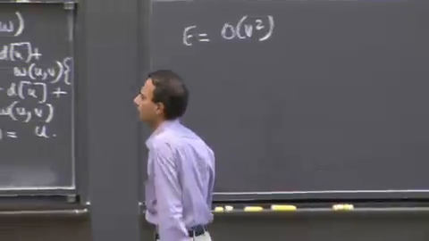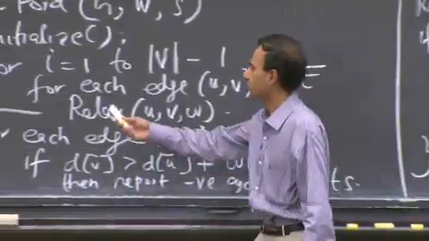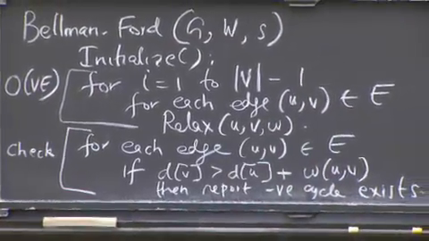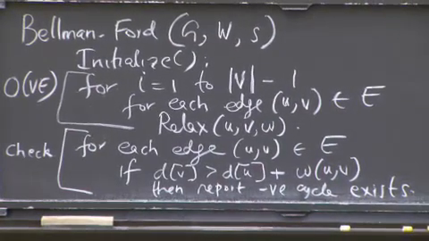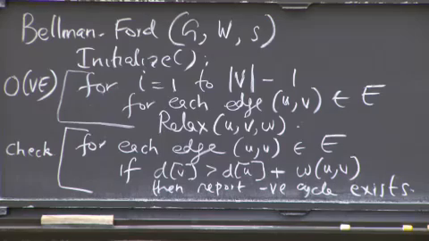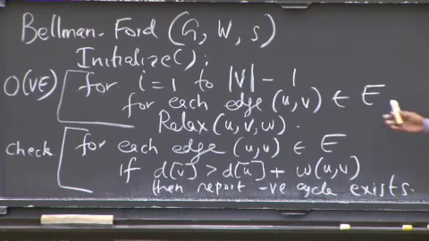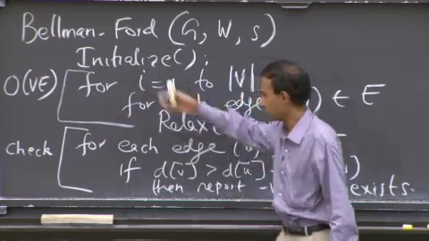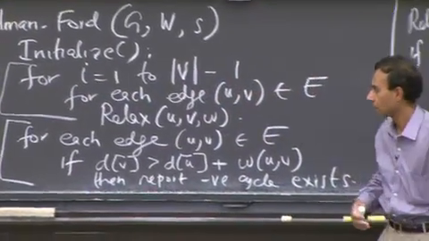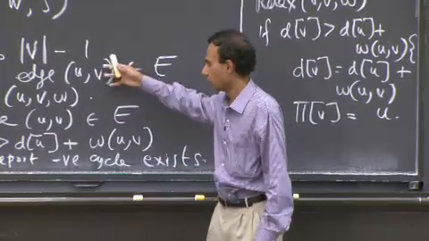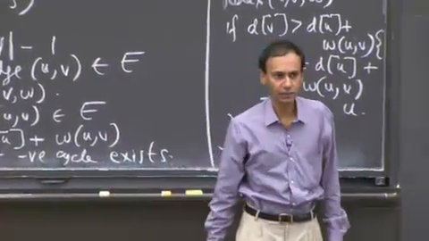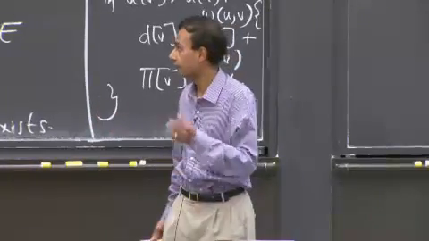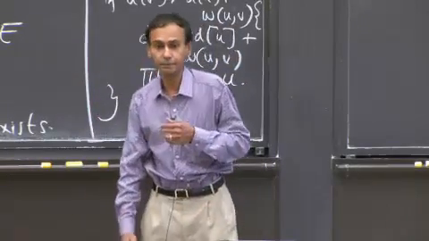So there's no question that Bellman-Ford is, from a practical standpoint, substantially slower than Dijkstra. You can get Dijkstra down to near linear complexity, but this would potentially, at least in terms of vertices, be a cubic complexity. So when you have a chance, you want to use Dijkstra, and if you're forced to use Bellman-Ford because you could potentially have negative weight cycles, well, you're stuck with that. All right?